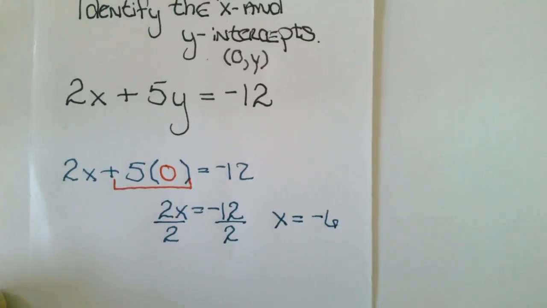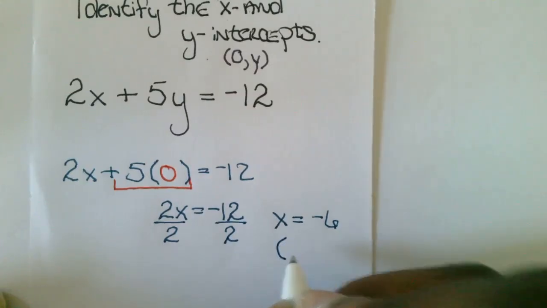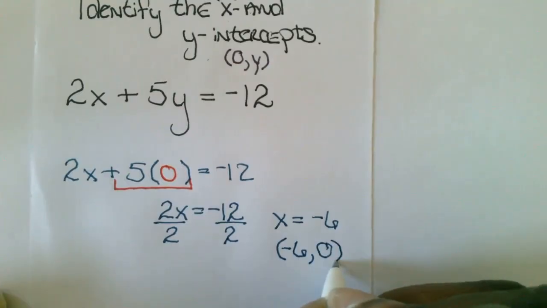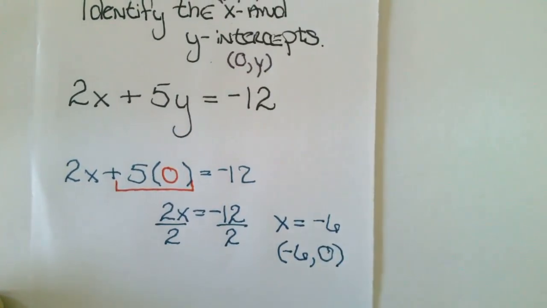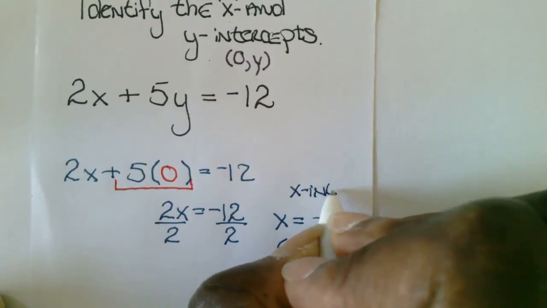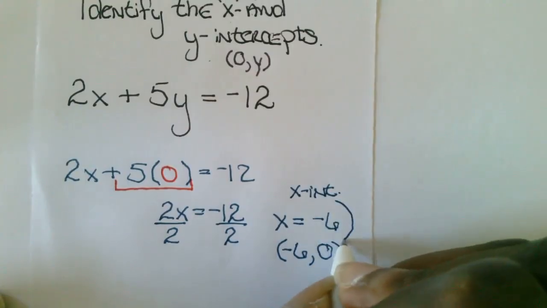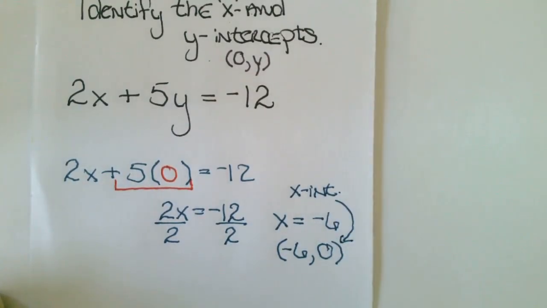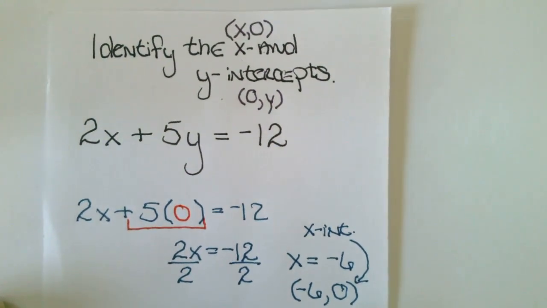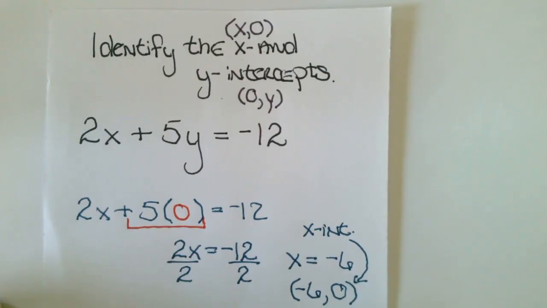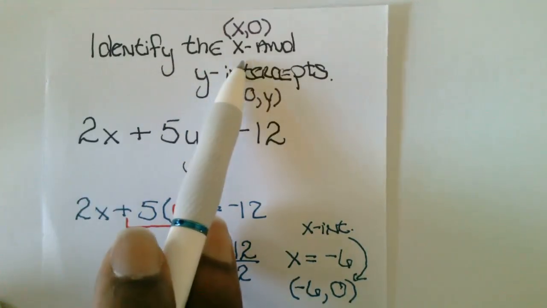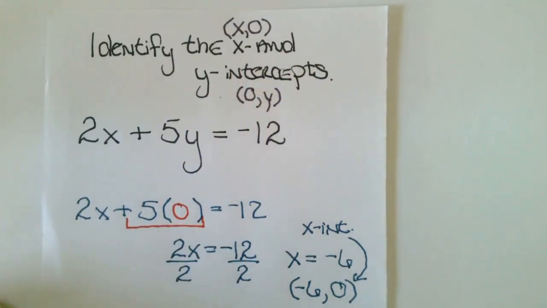So your x-intercept, I'm going to write it as an ordered pair, is (-6, 0). That's your x-intercept. Okay? So we're not solving for the equation of the line. We're trying to identify the x and the y-intercepts.